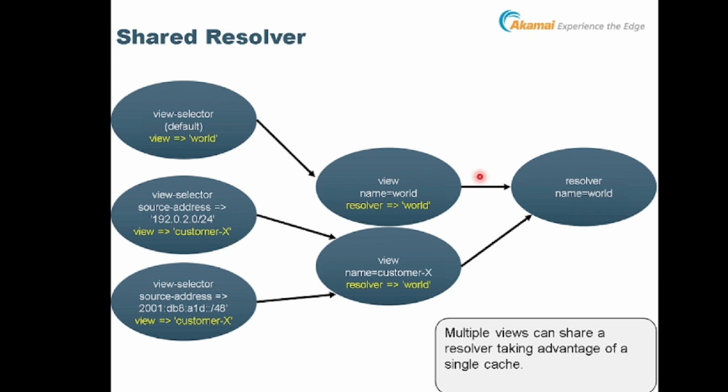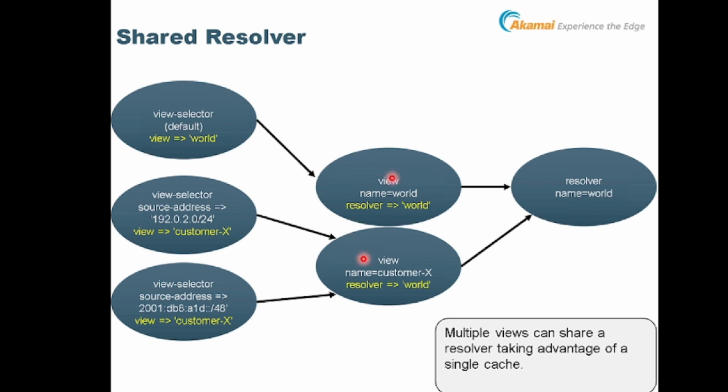As I said, we might have hundreds of thousands of views, but typically one, two, three, a small number of resolvers. Resolvers take up a lot of space because they have the cache. So they take up some memory, and they take up a lot of CPU because they do a whole lot of work. These things are very lightweight, this view.